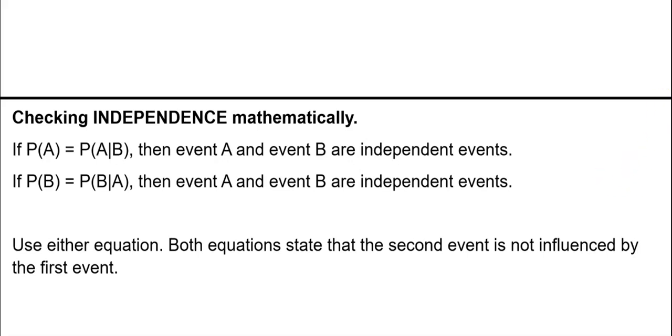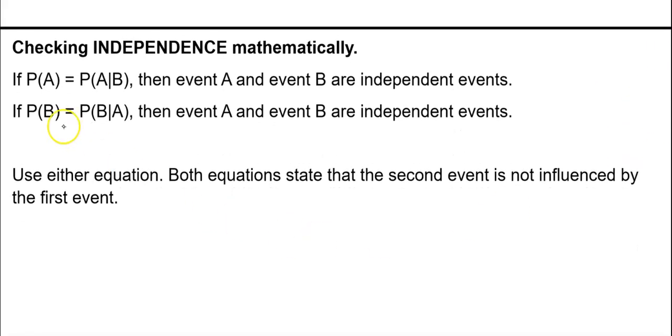How are we going to check for independence mathematically? What's our formula? If the probability of A equals the probability of A given that B has already happened, then we are independent. What I want you to notice is that in this one, the probability of B comes second and B's on top.